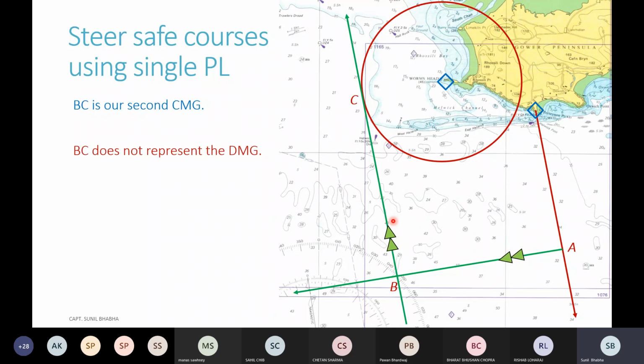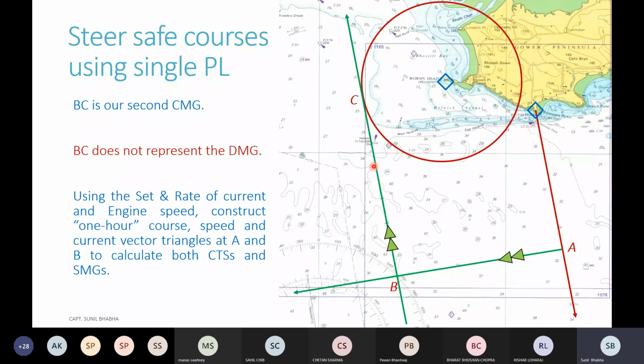Alpha and Bravo are arbitrary points picked up by us to do the plot. They are not the actual positions of the ship. So the ship could be anywhere on this line BC, not necessarily at point B only. So BC does not give us the distance made good, but the BC direction gives us the course made good.